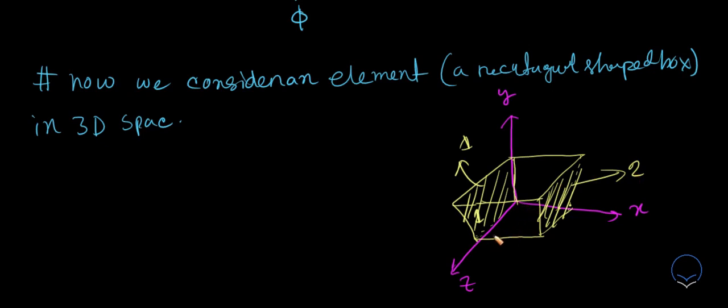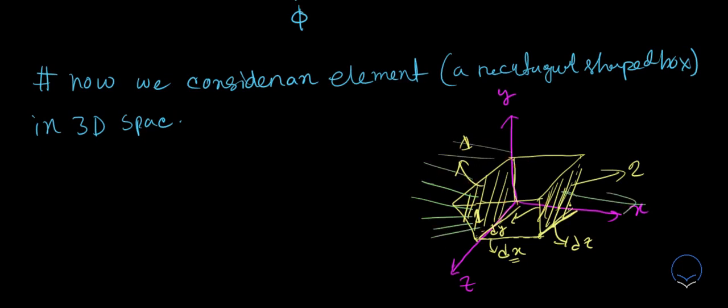If you think that these lengths are actually very small, you can call it dx like this. Similarly, this part over here is dz, this is dx, and this perpendicular part will be dy. And we are going to consider the same fluid coming over here from all directions and going out. So this is in and this is out.